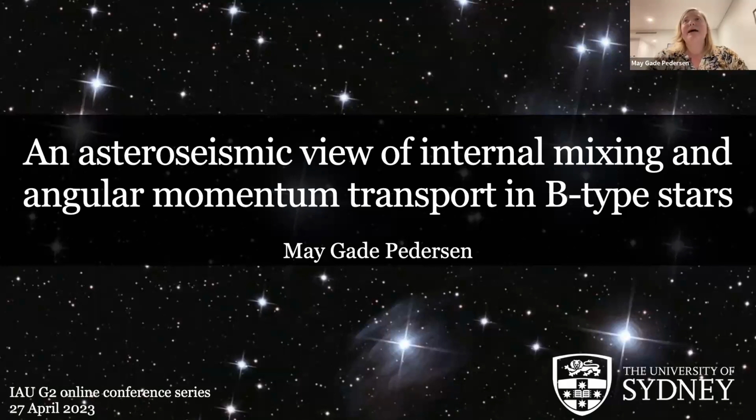So I will say it depends a lot on where exactly in the sky the stars are located. If you're in the continuous viewing zone, where you have 1 year of continuous observations, then for those you can identify the period spacing patterns.